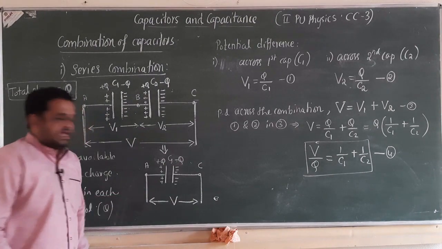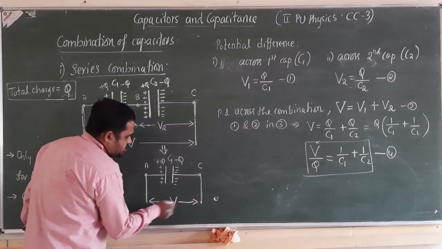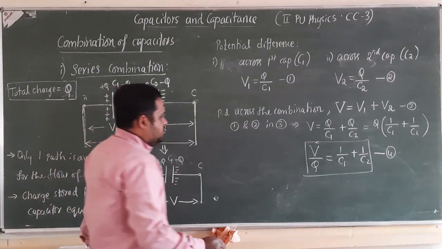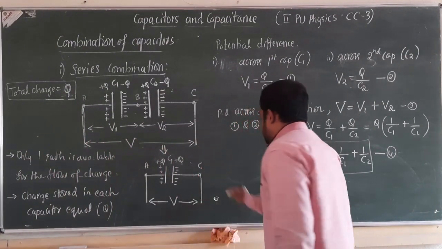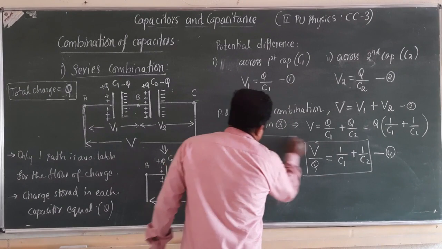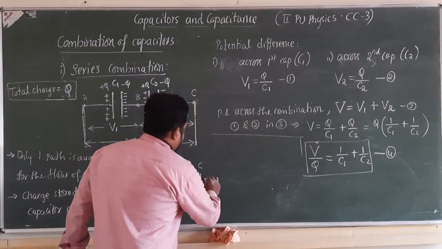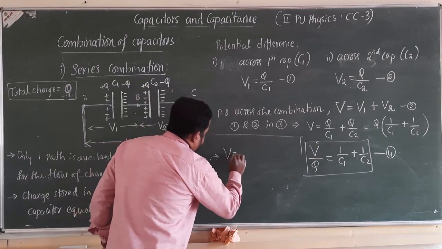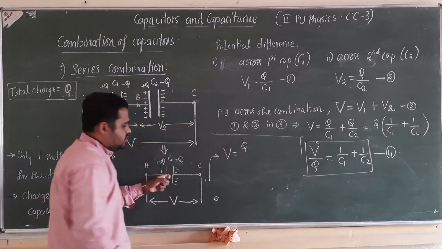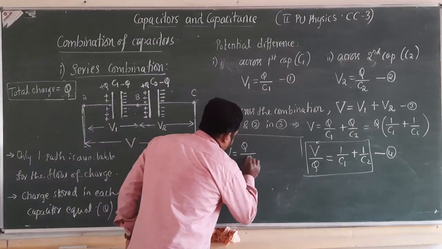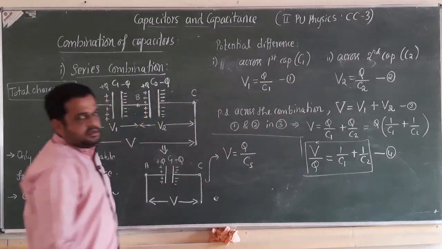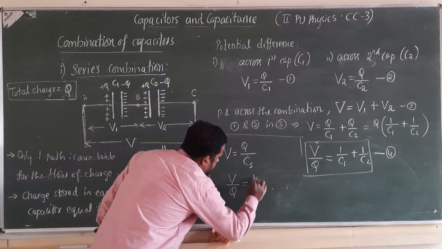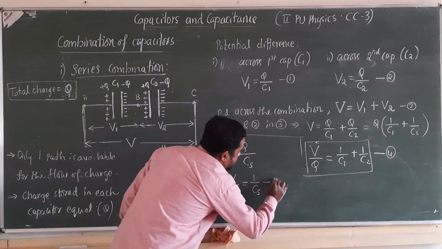Now, potential difference is V, amount of charge stored is Q. So, for this particular case, potential difference V can be written as Q divided by CS, or V divided by Q is equal to 1 by CS, equation number 5.